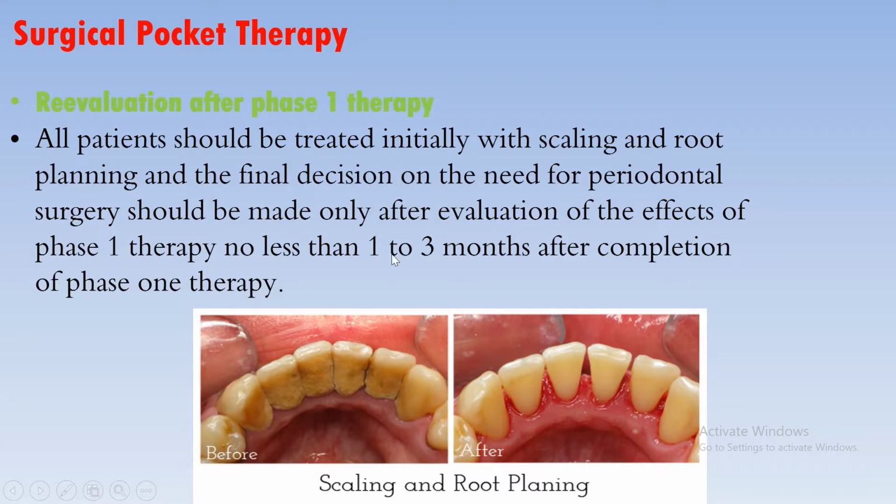The first phase: remove all the retention factors, all calculus, overhanging fillings, sharp bridges, any retention factor, and do scaling and root planing for the affected area in periodontitis and in true pockets and loss of attachment.